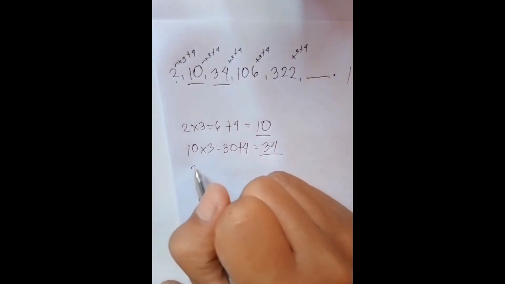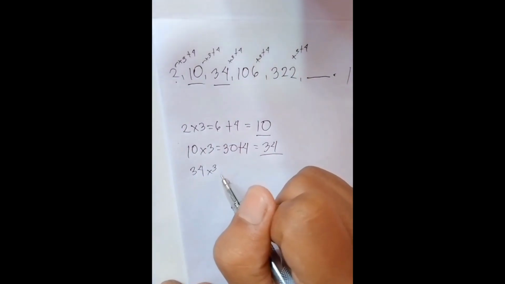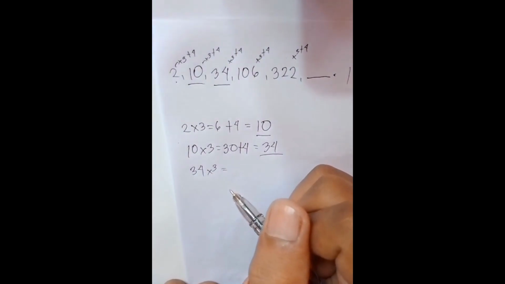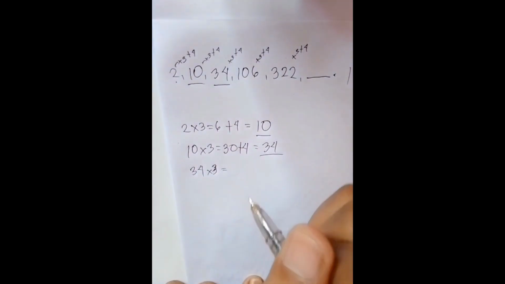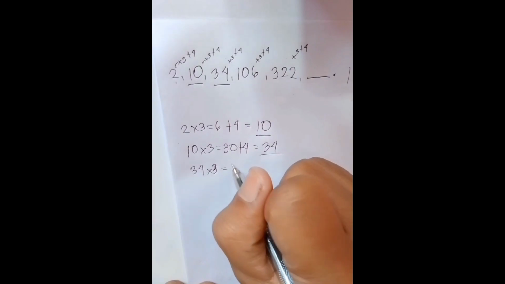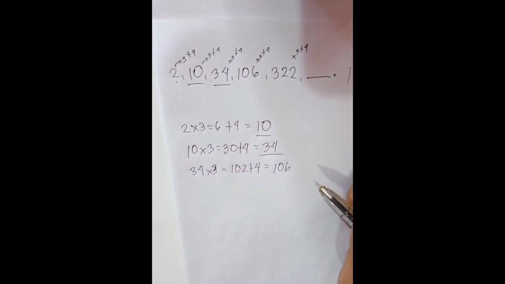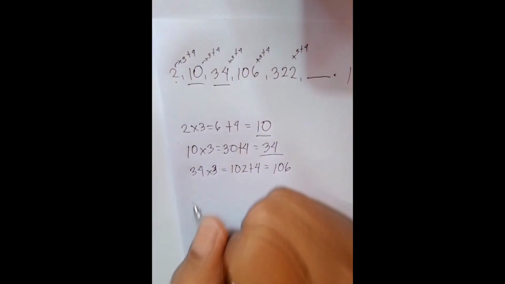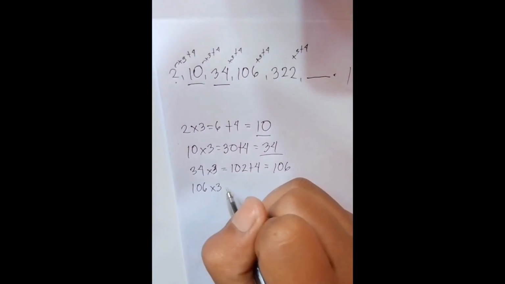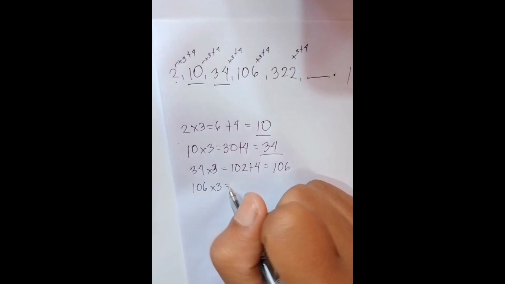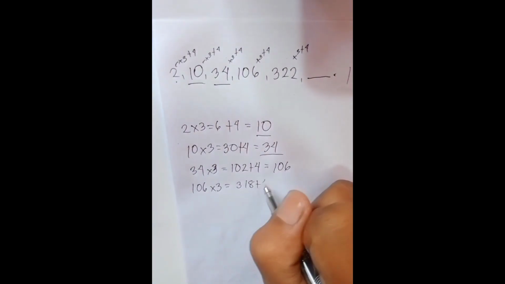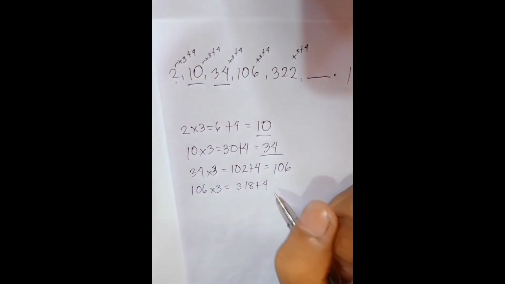Same with the series, 34 times 3 equals 102. 102 plus 4 is equal to 106. So 106 times 3 is equal to 318 plus 4 is equal to 322.